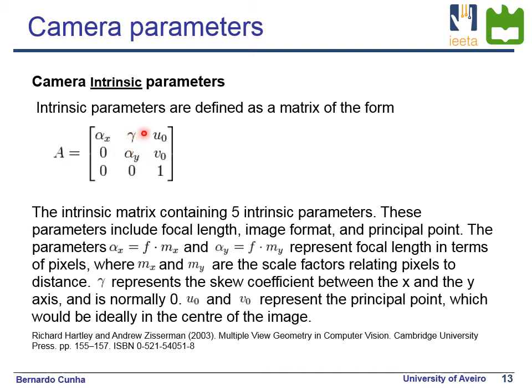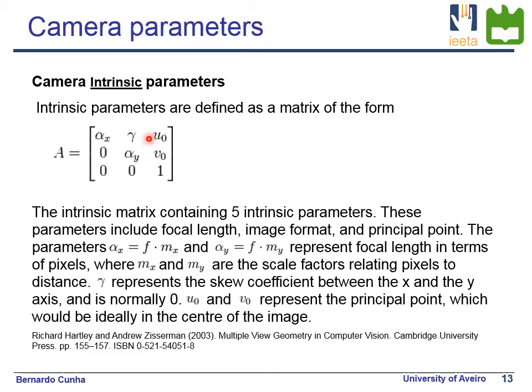This alpha value here, normally this represents one phenomenon called the skew coefficient between x and y. It has to do with the efficiency in the production of the sensors. Normally we can consider this to be 0.